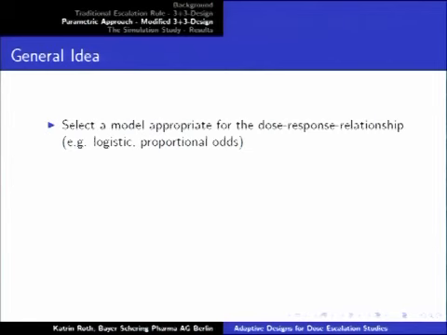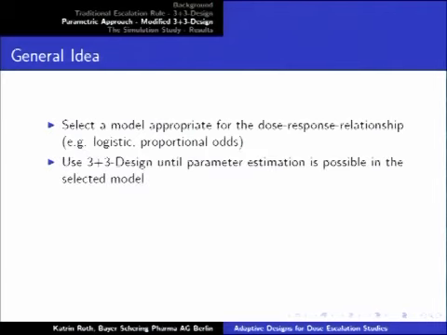Okay. This parametric approach I'm going to present now. The general idea is that I select a model that is appropriate for the dose-response relationship, for example, a logistic model or a proportional odds model. Then I start using this 3+3 design until I have enough data to estimate the parameters in the selected model.